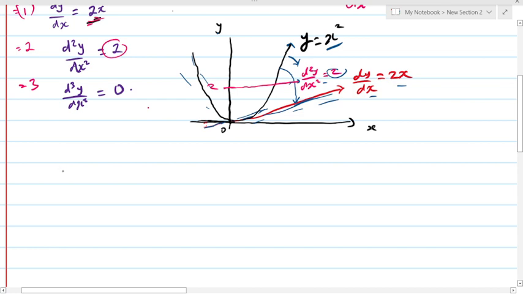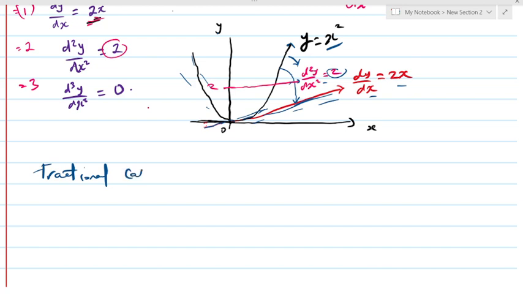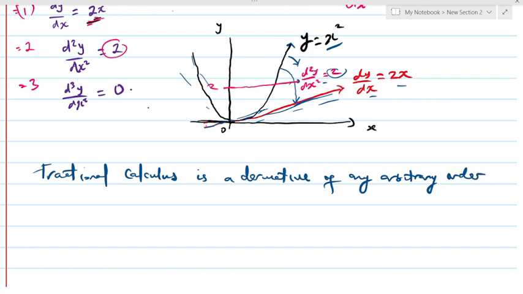So with that, let me just give us a definition of fractional calculus before we continue. Fractional calculus is a derivative of any arbitrary order. It can be a real number or a complex number. I think this is beautiful.